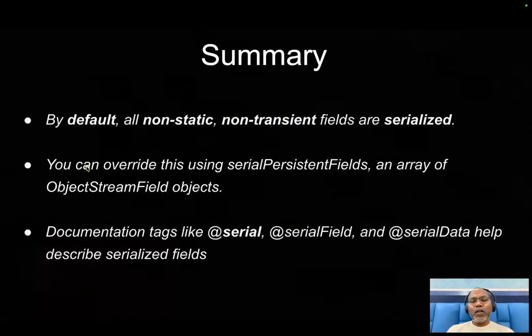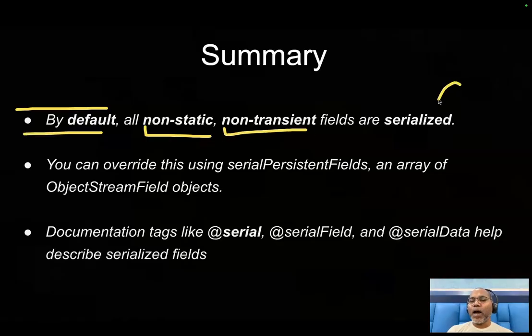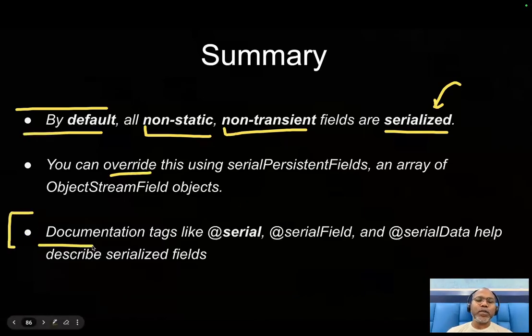We also discussed that the default behavior of serialization is that all non-static, non-transient fields are part of the serialization process. If you want to customize, and sometimes you want to override, you can use serializable fields, and as good practice you use documentation like @serial.